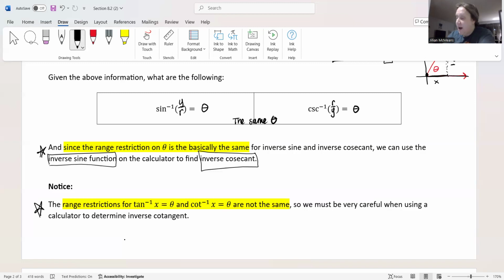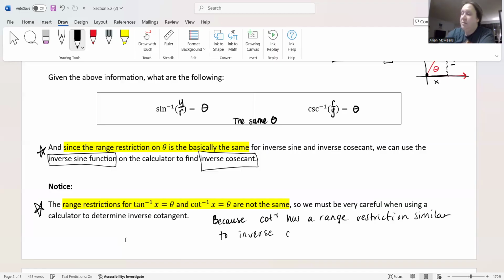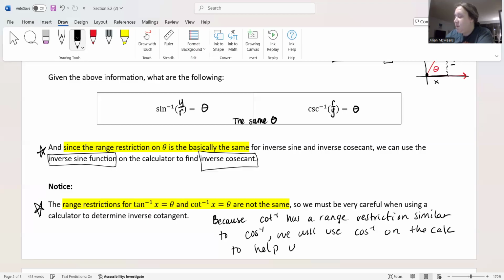So because inverse cotangent has a range restriction similar to inverse cosine, we will use inverse cosine on the calculator to help us find inverse cotangent.